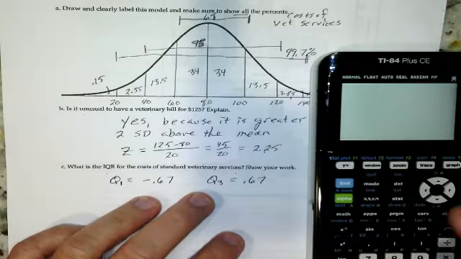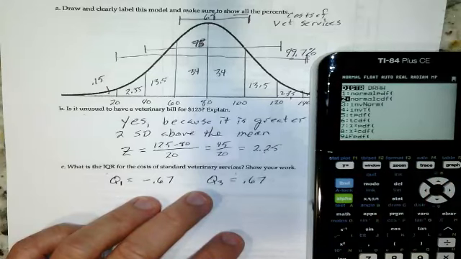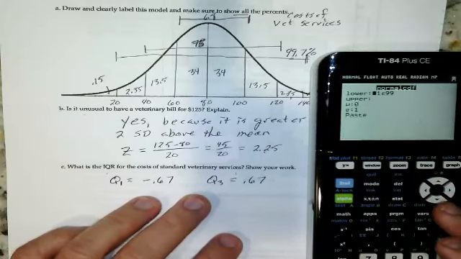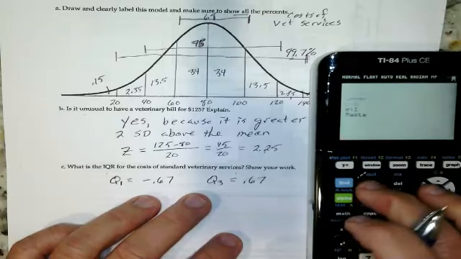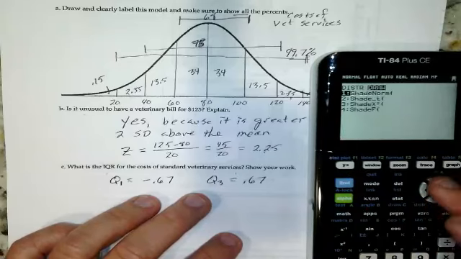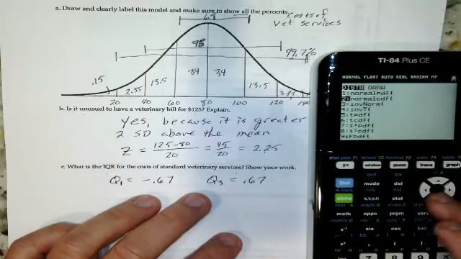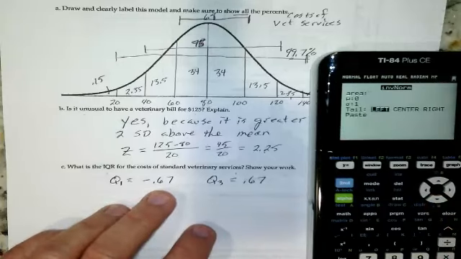So to find this, I'm going to go second distribution and do a normal CDF. And I'm going to go from that to a negative 0.6. Oh, no. I'm sorry. I'm at the wrong place. I want to go second distribution inverse norm. Whoops. Back. I want to do inverse norm of 25%.